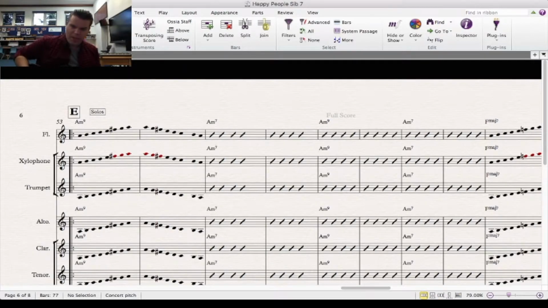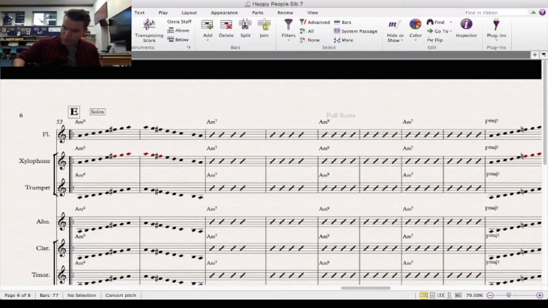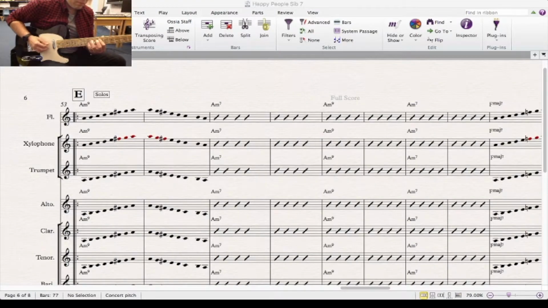So let me play G major. What I'm doing is moving up to the 2nd note of the scale, but then I'm just continuing that same scale, but instead of starting on G, I start on A, and that's why we get this sound.